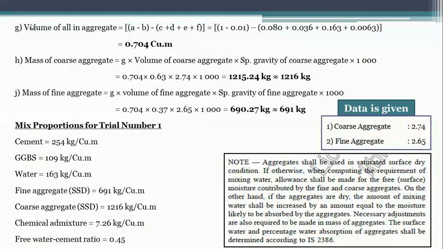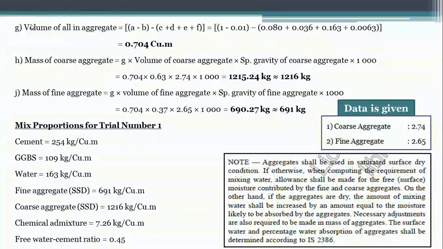So now we have to do some adjustment, because in the data you saw there was a free moisture content. They have clearly told that the coarse and fine aggregates are wet. That means whatever fine and coarse aggregate we found is in the SSD condition, a saturated surface dry condition.